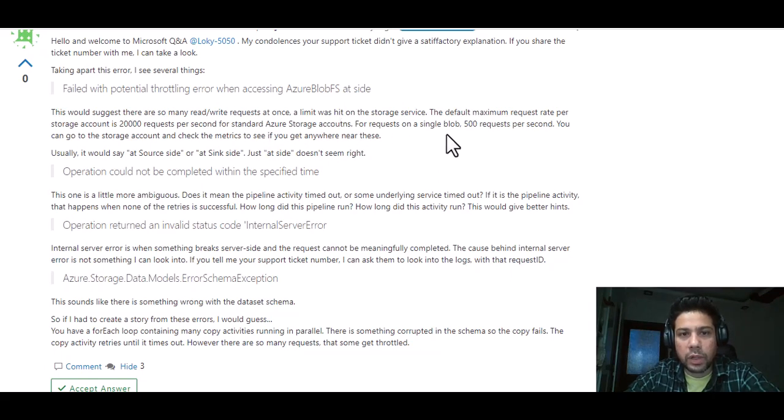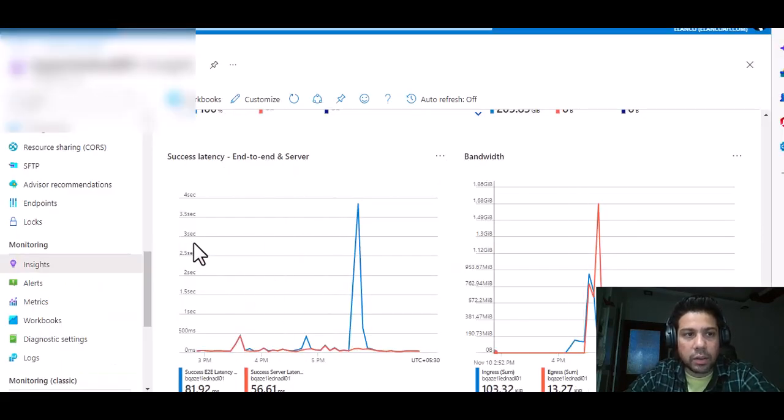Again, I would have to check with Martin on how to get this figure for the storage account as well as for a single blob, because it seems the metric is available on the storage account and applies to the storage account. So that is something we'll have to check.